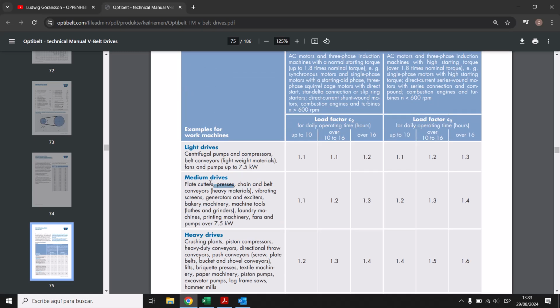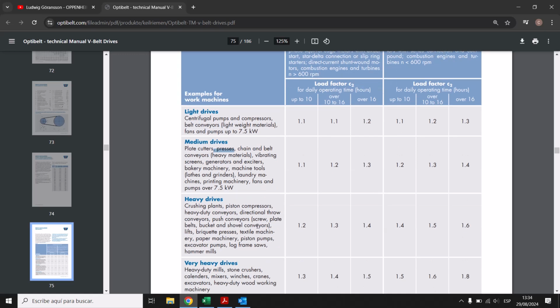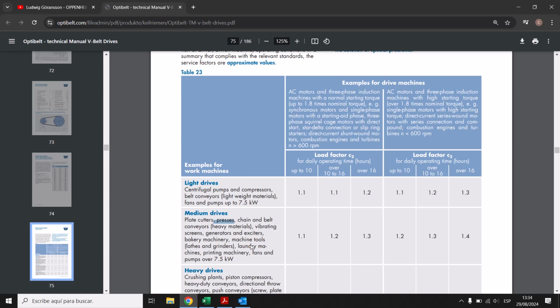We have in medium drives, okay, we don't have presses here. We don't have it, so we are here. So we are in this line, and now we should select in what part we are here. As you can see, this says motors of three-phase induction by a nominal starting torque up to, so this is up and this is over.